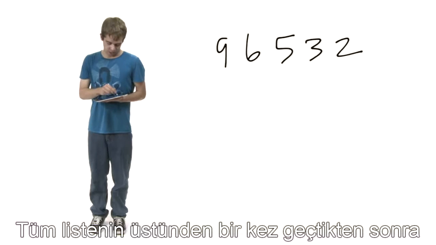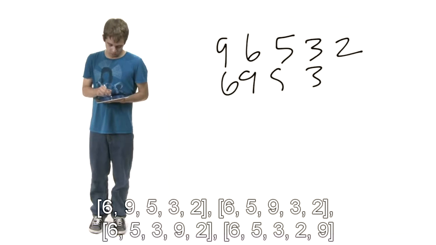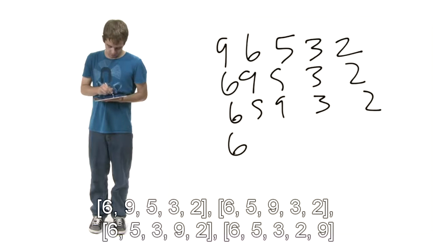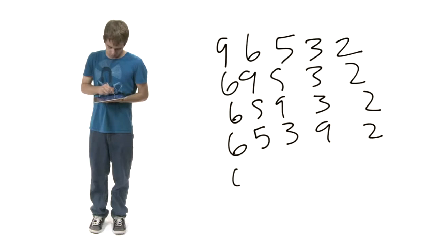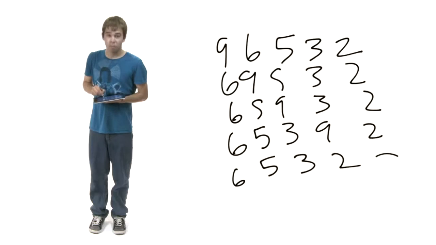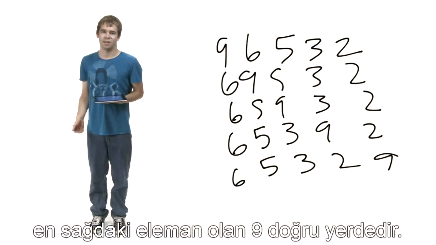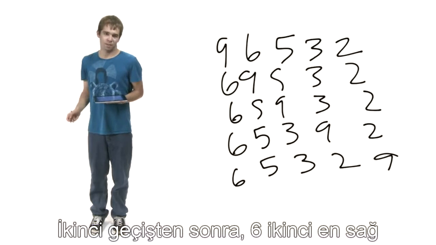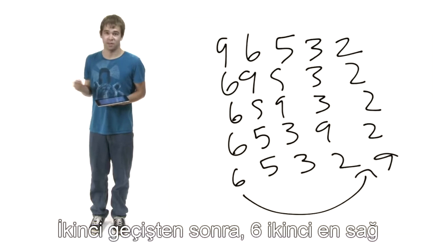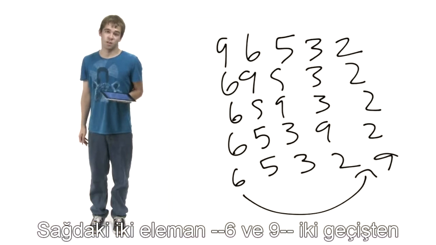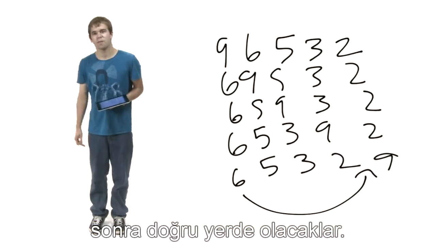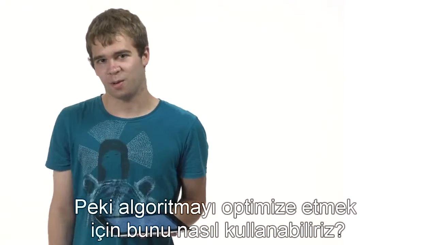After one pass through the entire list, the rightmost element, 9, is in its proper place. After the second pass through, the 6 will have bubbled up to the second rightmost place. The two elements on the right, 6 and 9, will be in their correct place after the first two pass throughs. So how can we use this to optimize the algorithm?